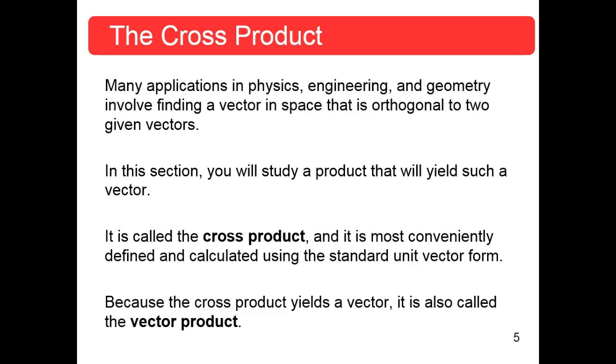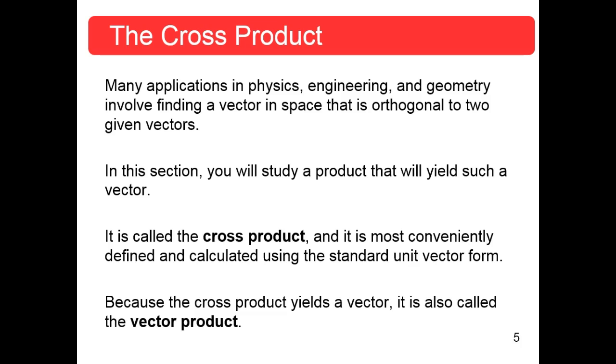So if you have a vector in space that's orthogonal to two given vectors, you have the vector that is normal to the plane defined by those two vectors. Okay? So that's what's important. The only place that doesn't work is if the two vectors are collinear, because any other vector is orthogonal to that. But as long as they're not collinear, then you can find the vector orthogonal to those two.